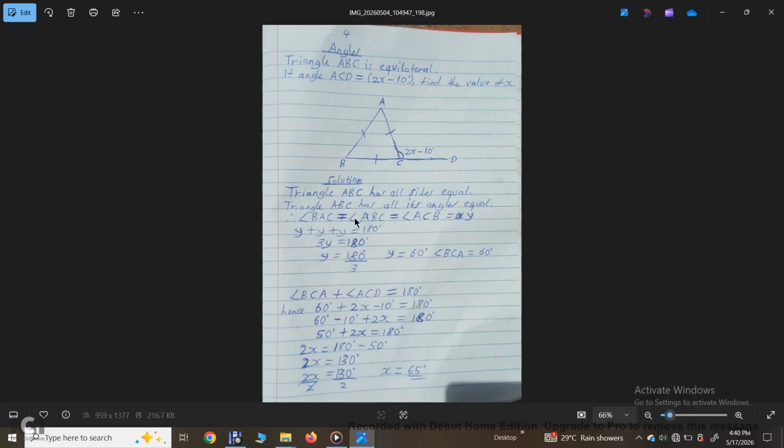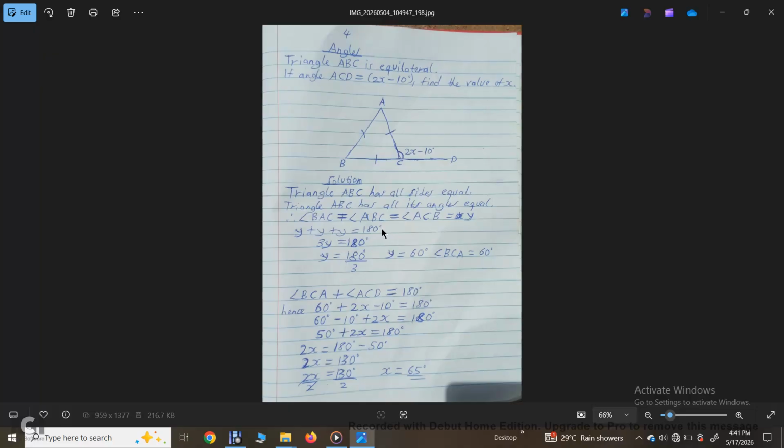So therefore, angle BAC is equal to angle ABC, which is equal to angle ACB, and let it equal y. So y plus y plus y is equal to 180 degrees.